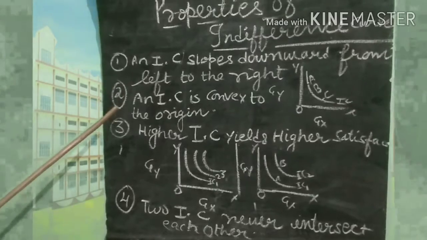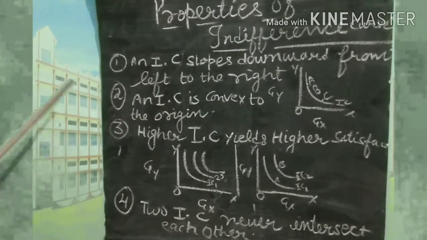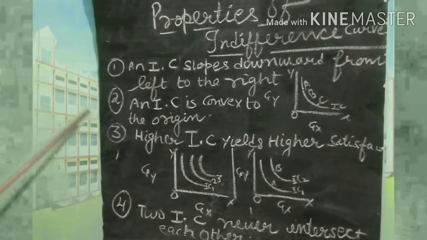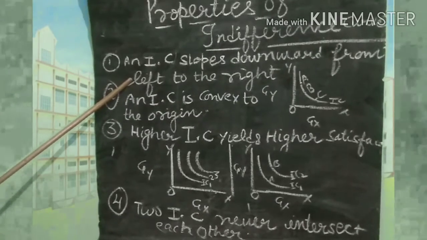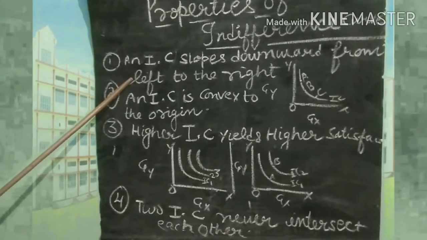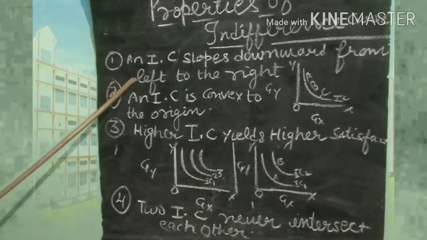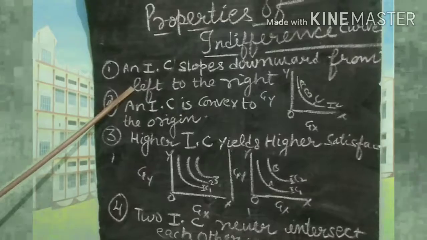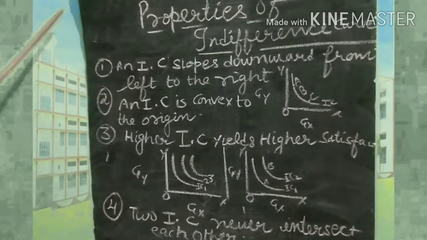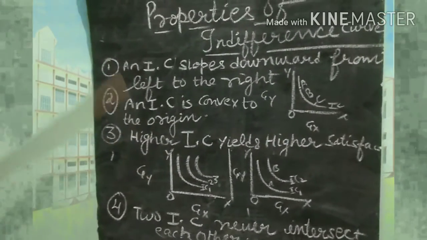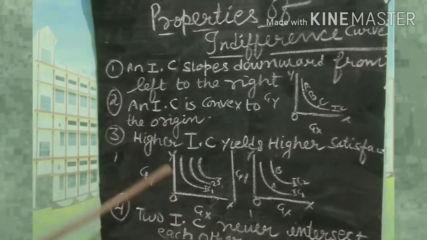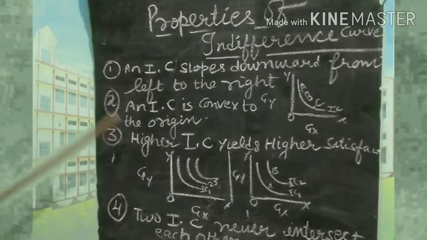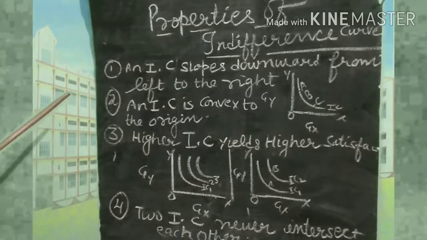Then the consumer will prefer the new combination to the original one because the new combination will give him more utility. It means more satisfaction. As yesterday we have seen, from combination A to combination B, he is taking more quantity of food and more quantity of clothes.